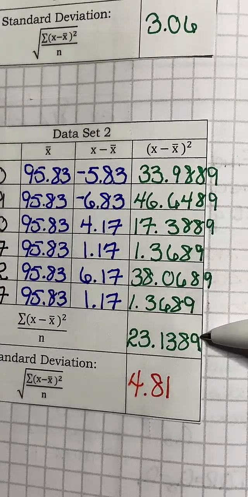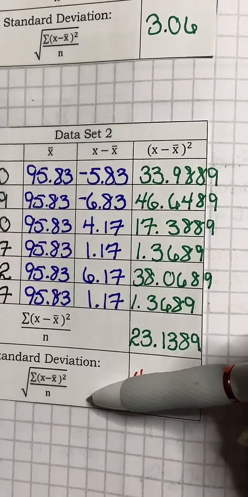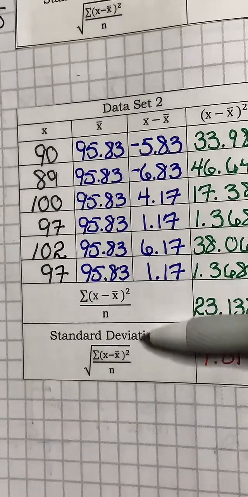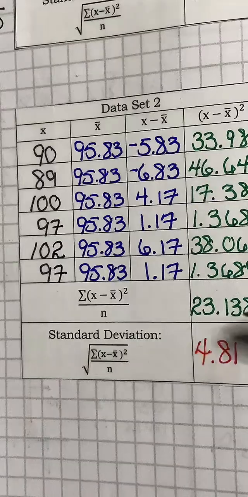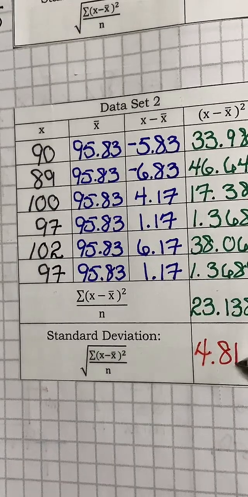Then, after you get this, notice the difference between here and here. The difference is that we have to take the square root of this answer. So if I take the square root of this answer, that's how I got my 4.81.